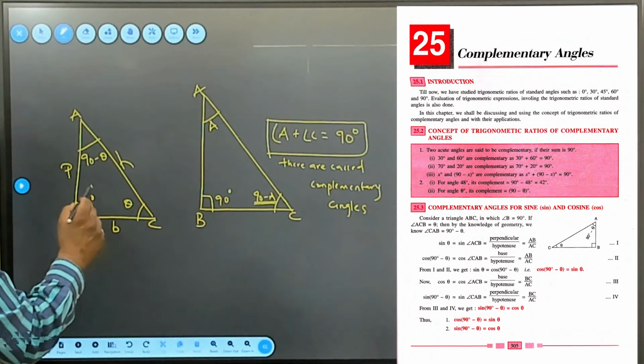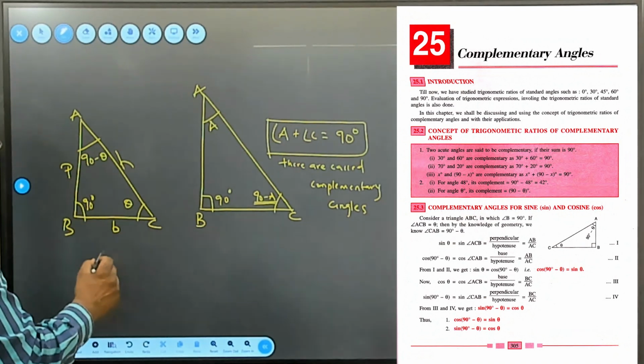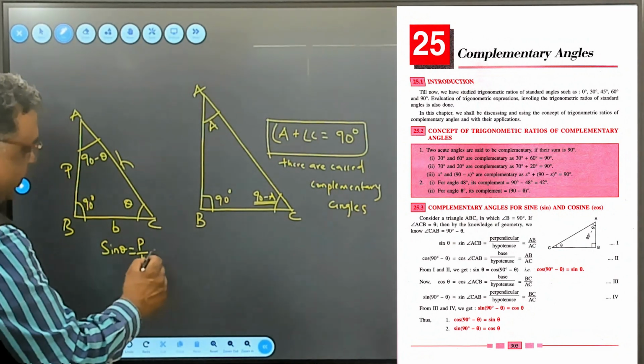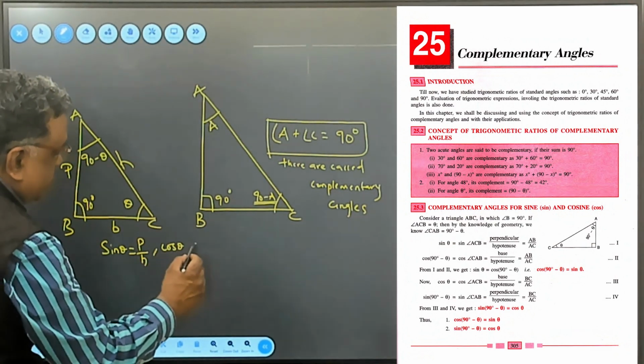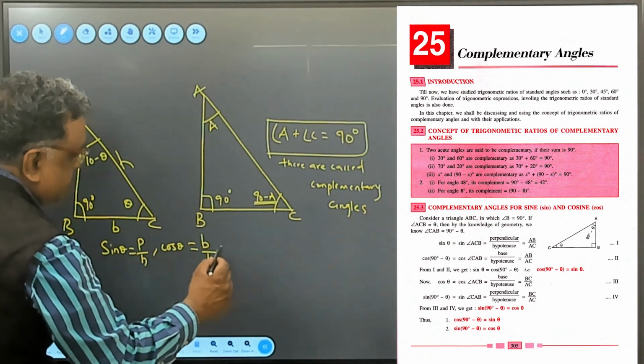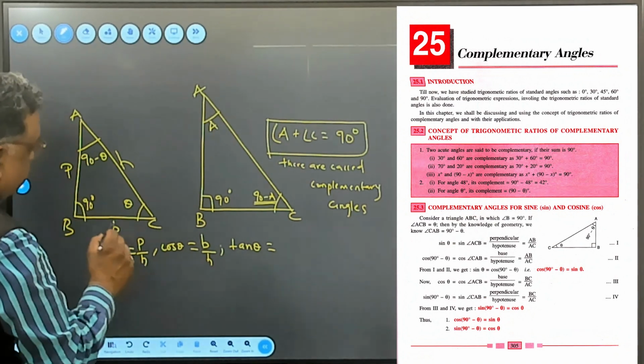So in this triangle, sine theta is P upon H, cos theta is B upon H, adjacent upon hypotenuse, and tan theta is opposite upon adjacent, P upon B.